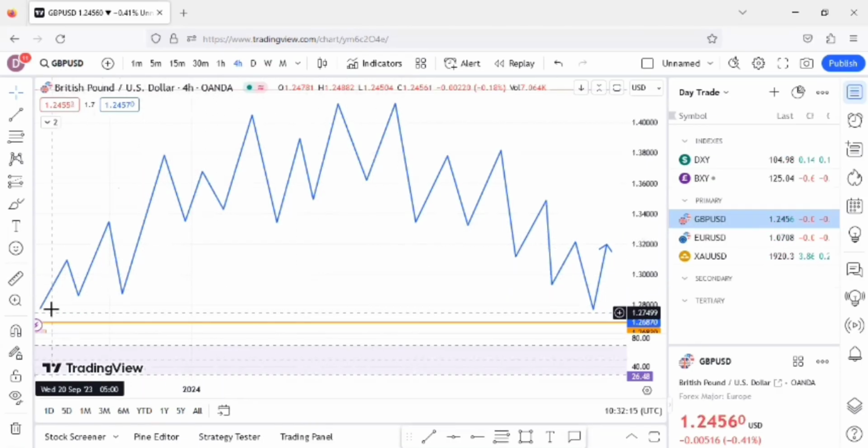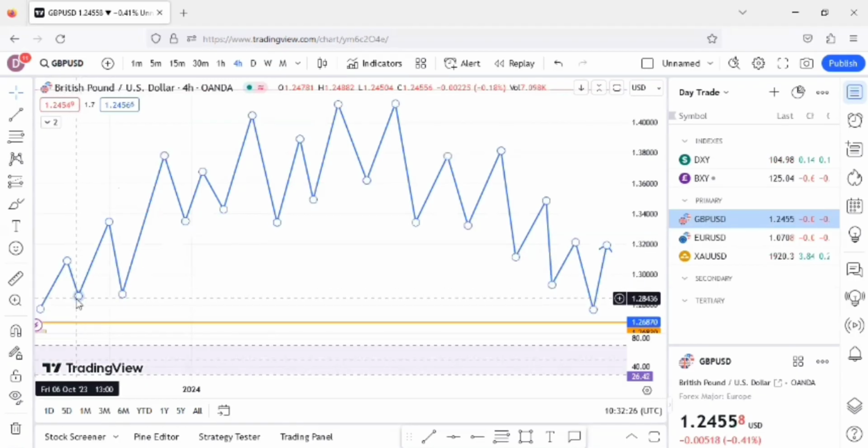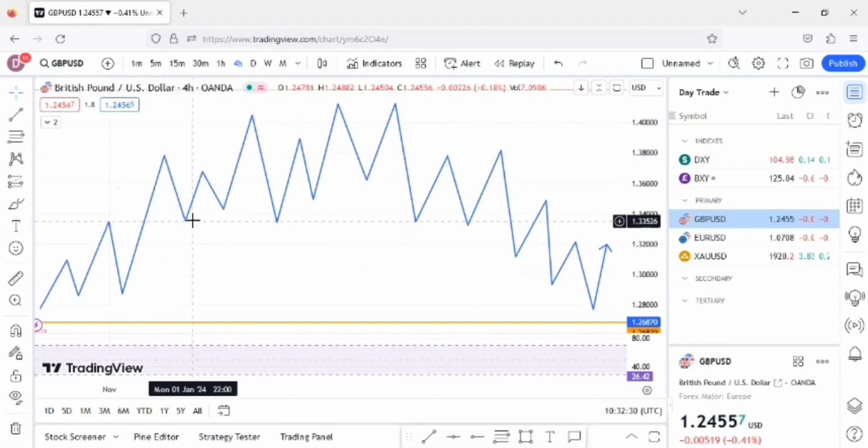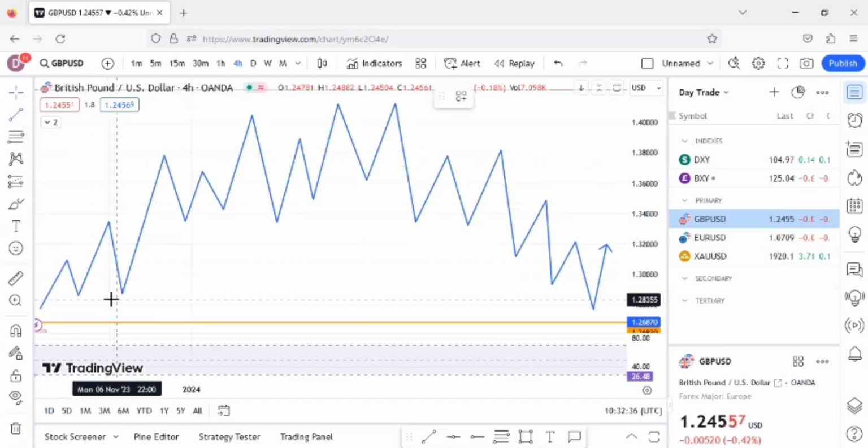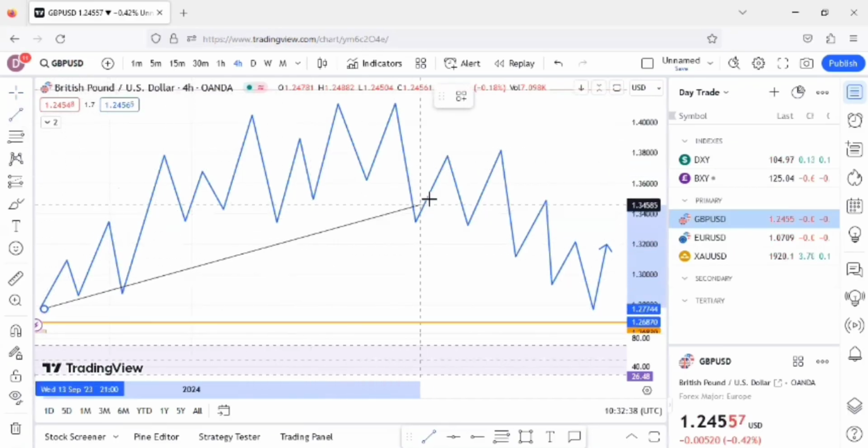So now, if you look at my left hand side here, you will see we have a low, a high, a higher low, rather, higher high, higher low, higher high, higher low, higher high, higher low, higher high. That is how we form a trend in the market.